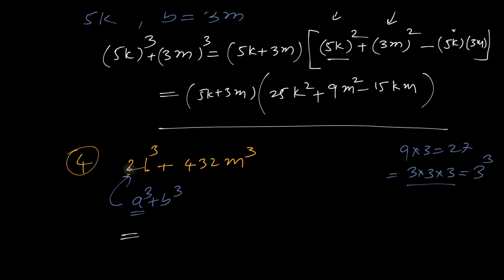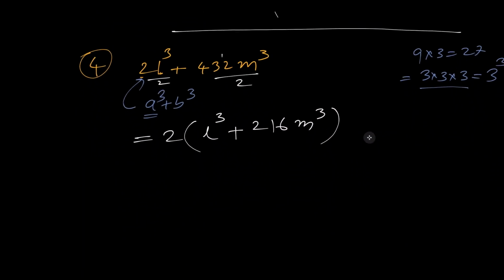Instead of writing 2l cube like this, I will take 2 common, and I will divide the expression by 2. So 2 divided by 2 is 1, so it is going to be just l cube plus 432 divided by 2. 2 2s are 4, 2 1s are 2, and the remaining is 1; 2 6s are 12. So 216 m cube.